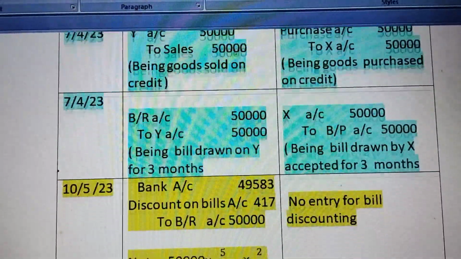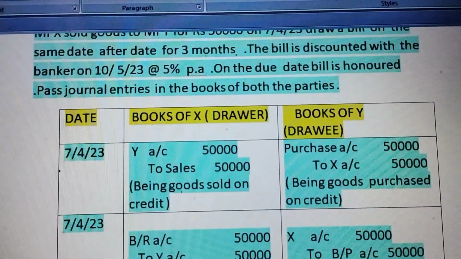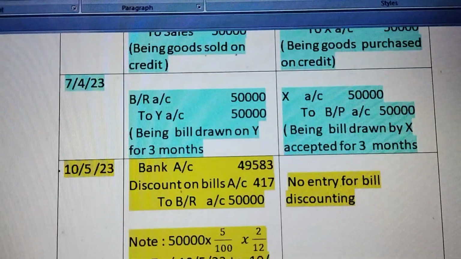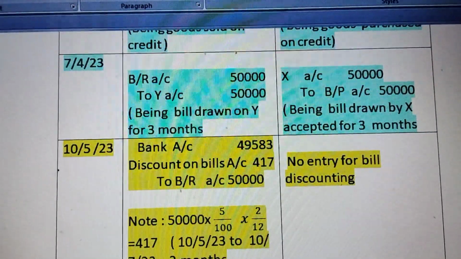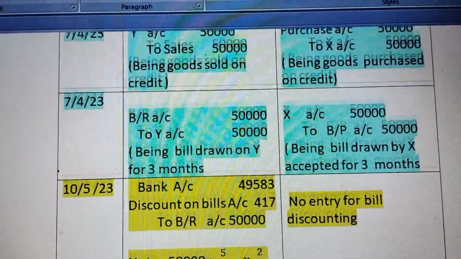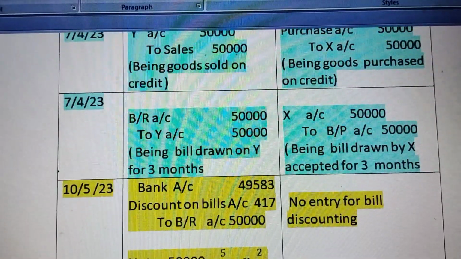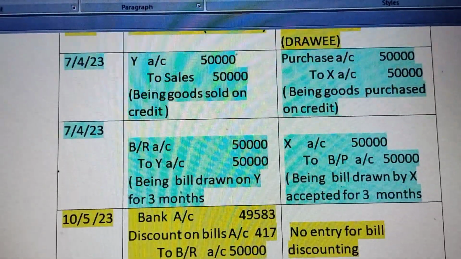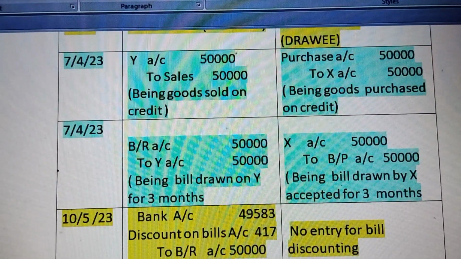First we pass the entry for goods sold and goods purchased. The second entry is for the bill drawn. On the same date the bill is drawn.